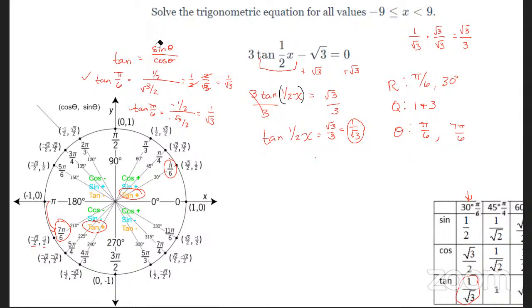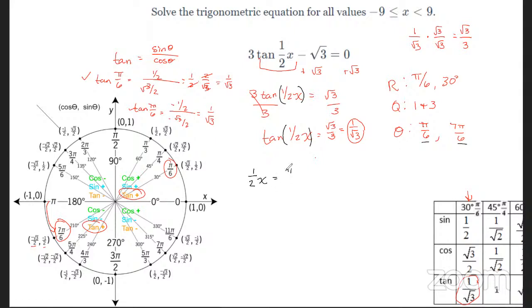And we need to remember that when we're solving this equation, what we have is this 1/2 x. So these are not our answers, okay? This 1/2 x is equal to pi over 6, or 1/2 x is equal to 7 pi over 6. So we do have another step to take.